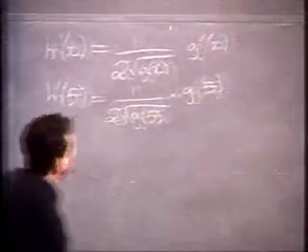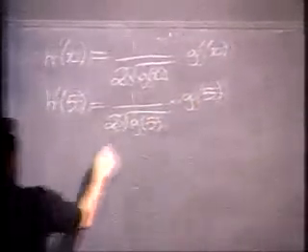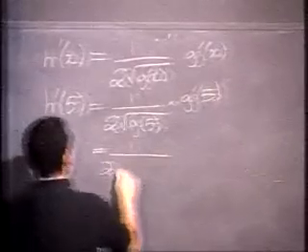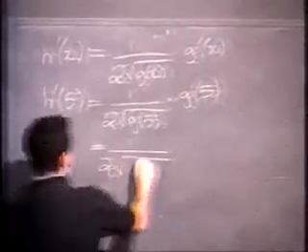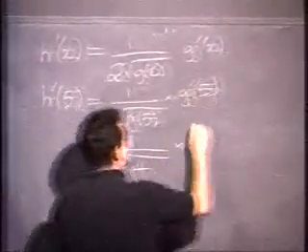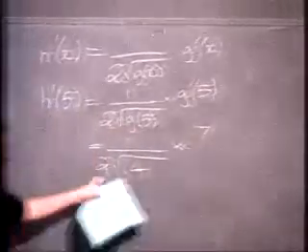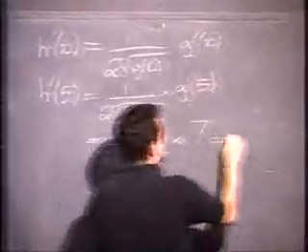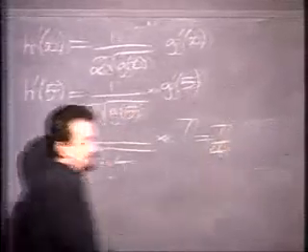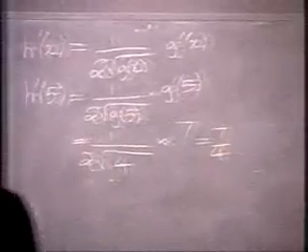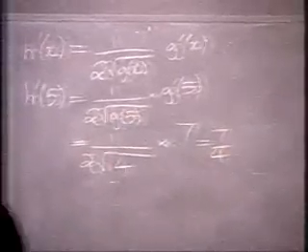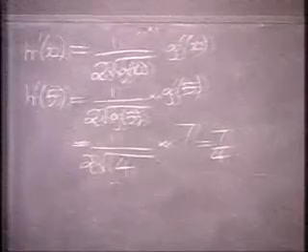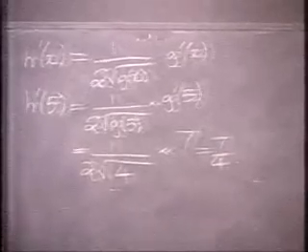It really helps that I know the value of g of 5, as given in the question, was 4, and the value of g prime of 5 was 7, and so this works out quite easily to be 7/4. That is very hard to do with version 2. It's doable, but version 1 is the way to do it.